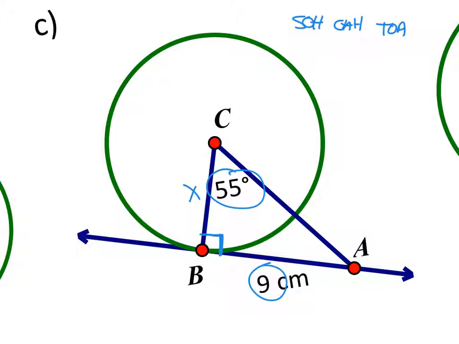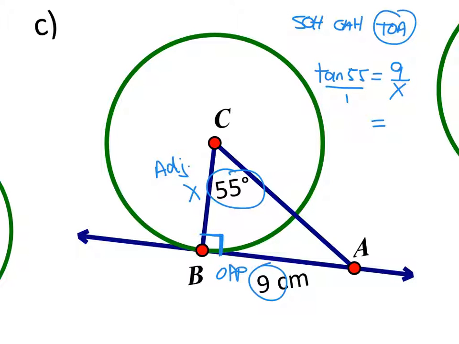Labeling, it looks like this particular problem uses the opposite and the adjacent sides. We're not using our hypotenuse. So we'll use tangent. Tangent 55 is equal to 9 over x.